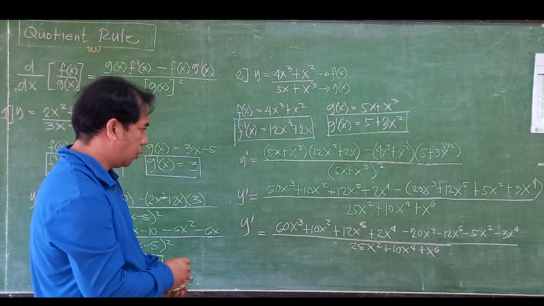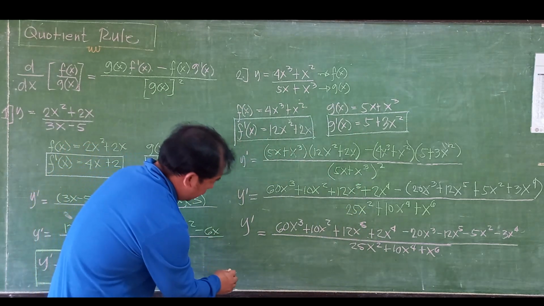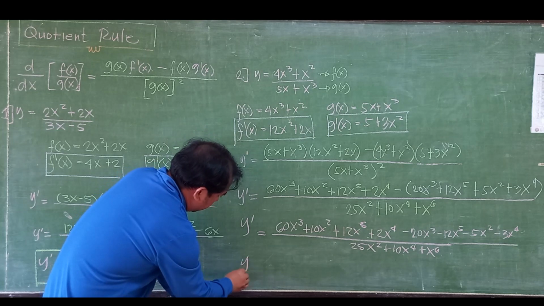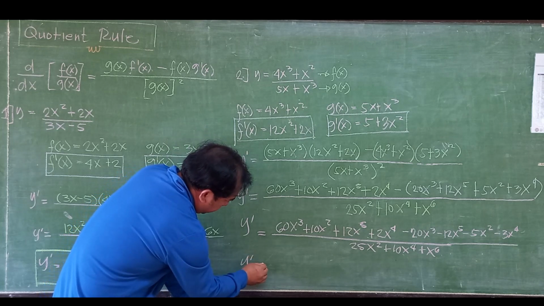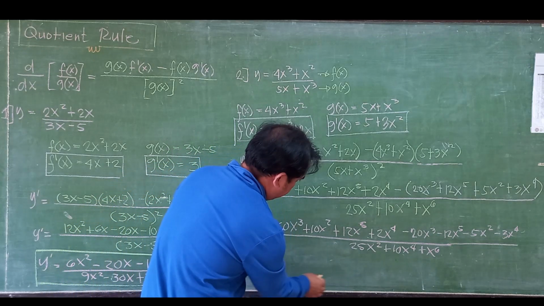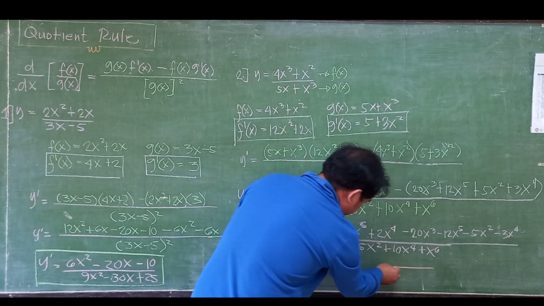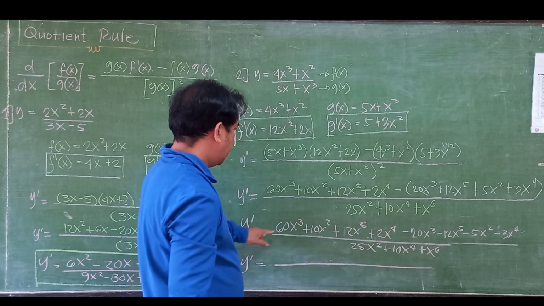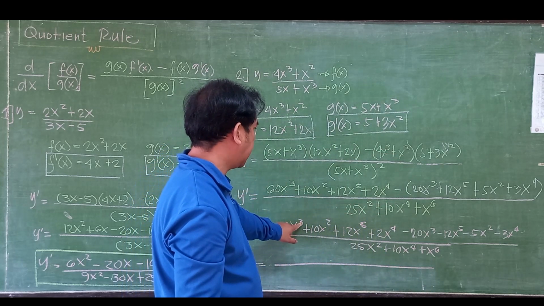Now, we can have the final answer saying y prime is equal to, let's try to do it again. So we have this one, 60x raised to 3.